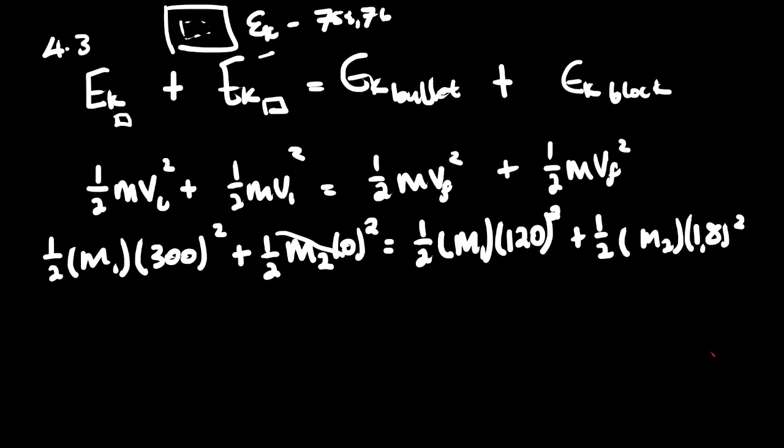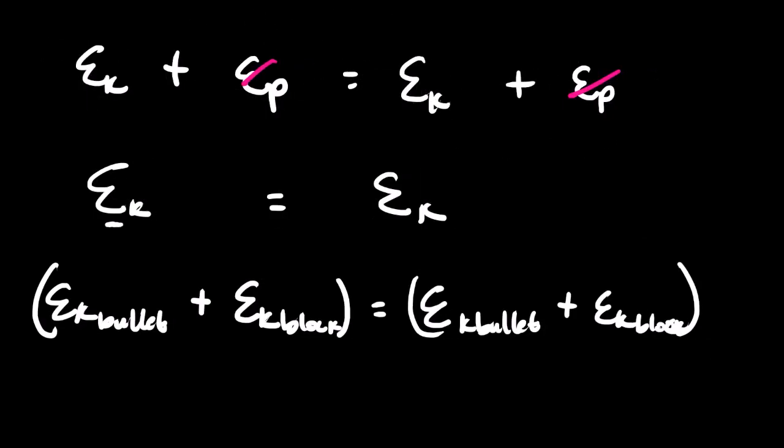Now let us go back to this equation here. This is a bullet block system expanded. This is the expansion, the expanded version of this. But we say that EK has lost or decreased by 752.76.